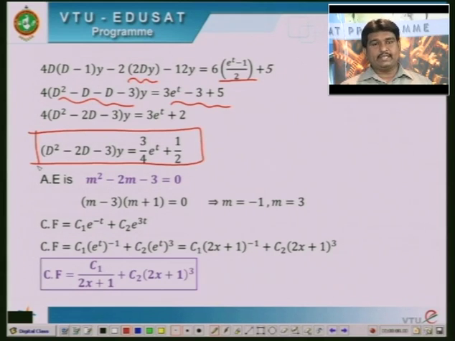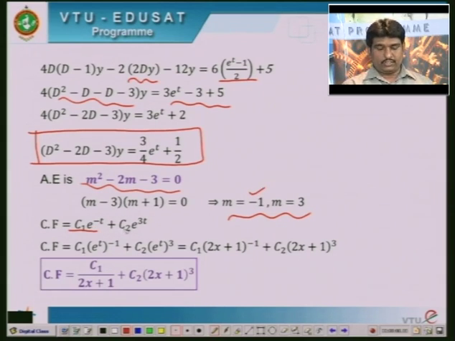Now write the auxiliary equation, which is m² − 2m − 3 = 0. Solve this equation to get roots m = −1 and +3, and write CF as C1 e^(−t), which is the part of CF corresponding to the real root −1, and C2 e^(3t), which is the part corresponding to the root m = 3.